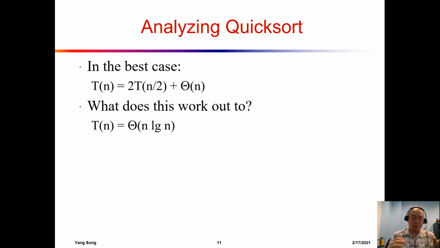So that is T(n) equals 2T(n/2), and again the Θ(n), that is the cost of doing one partition. For this one, you definitely want to use the master theorem to solve this, and you will find this is a Θ(n log n) algorithm. Okay, so that's a very quick analysis of the best case and the worst case of the quicksort.